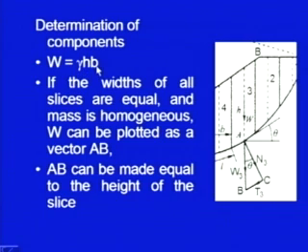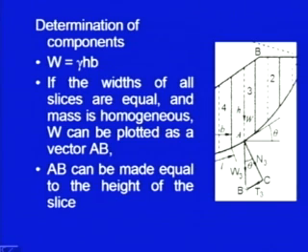So, gamma into b will become constant for each slice and you only have to multiply by small h. So, straightaway we can draw this W3 as h times that constant value, that is gamma into b.